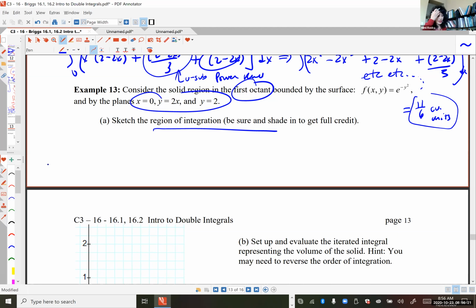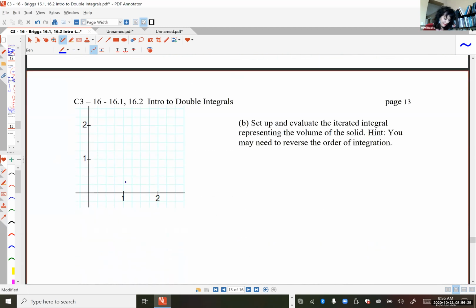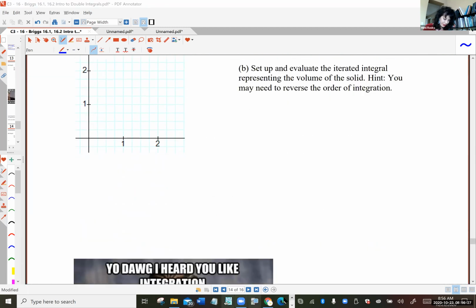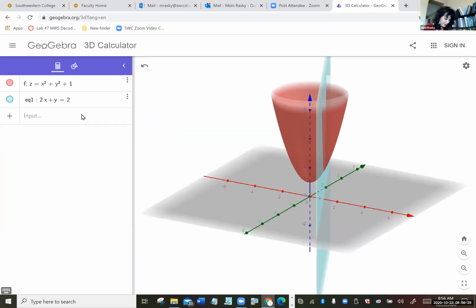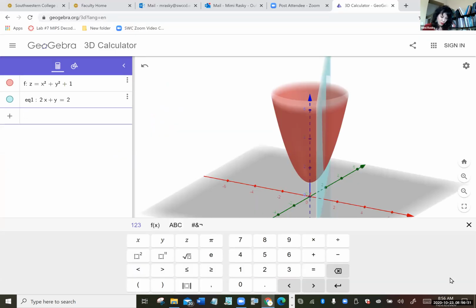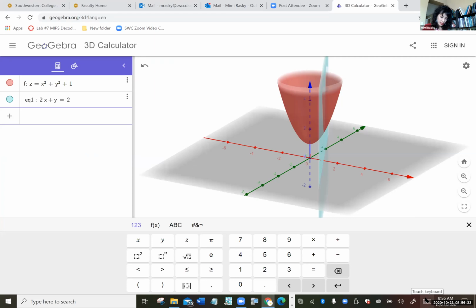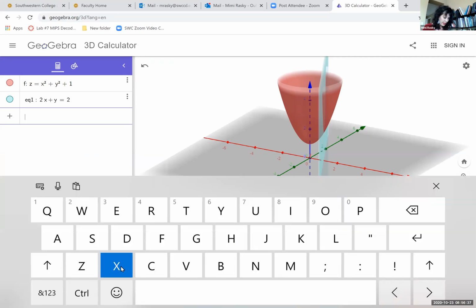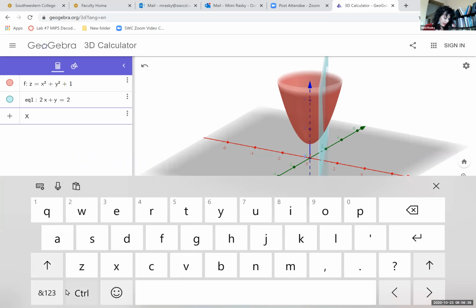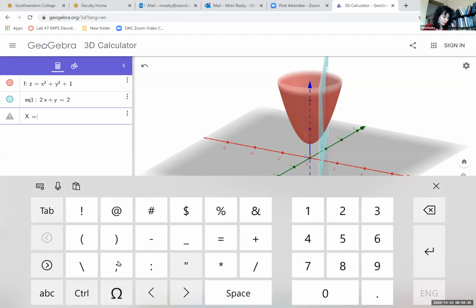It's a plane, okay, that we could go to GeoGebra here and graph it. What the heck? Let me just show you. Here we go, x equals 0.